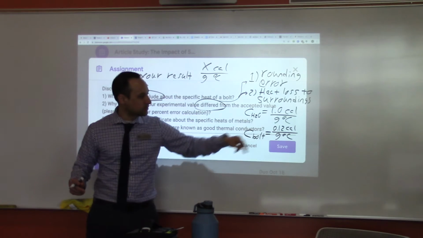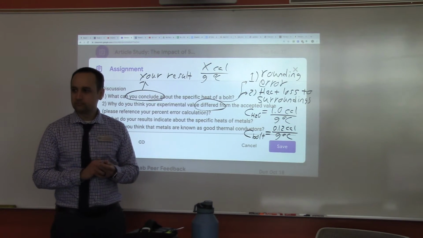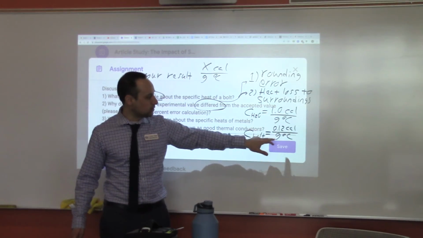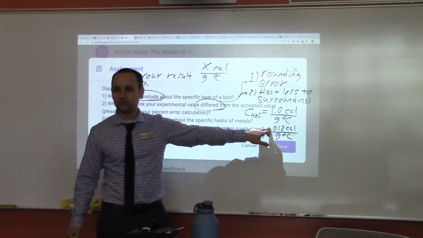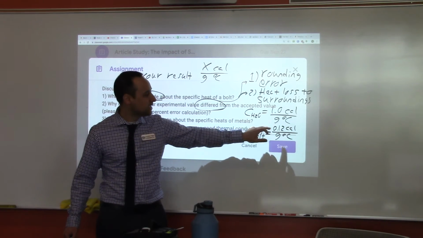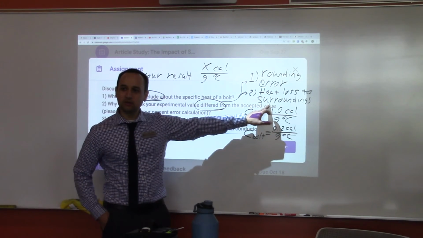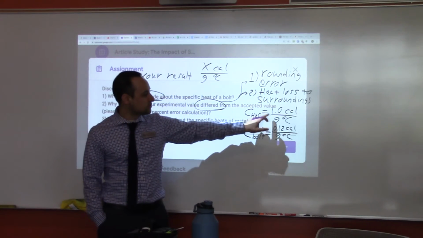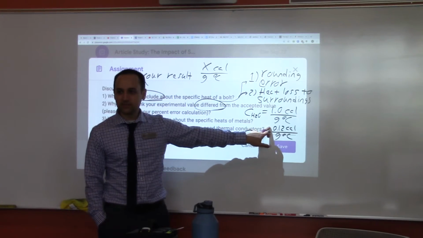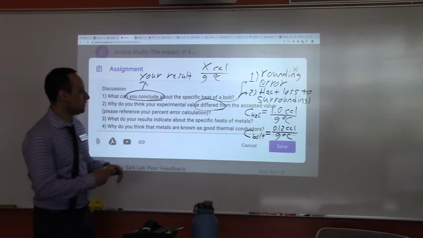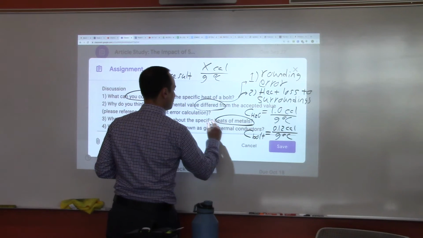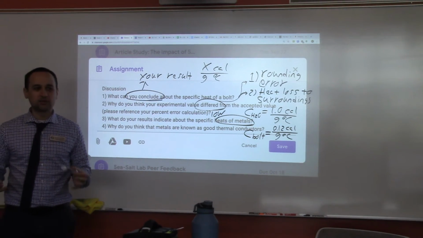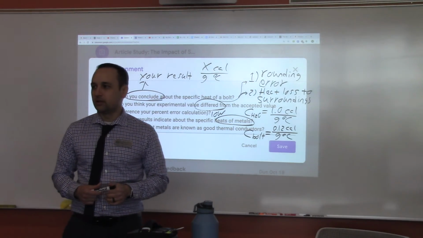Are these pretty similar, or pretty different? Is 1.0 close to 0.12? No, right? Kyra and Layla are shaking their heads. This value is roughly 8 times this value, so this is much bigger than this. So the specific heats of metals are super low in a relative sense. Metals don't like to hold on to heat. They don't like to store heat.